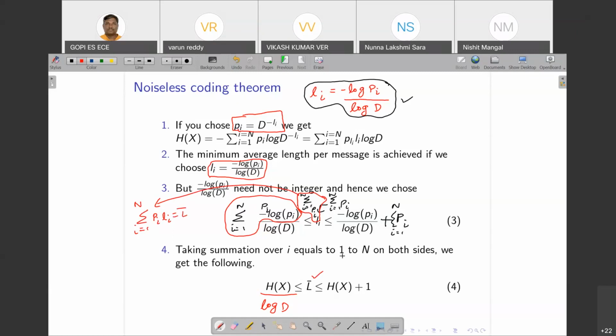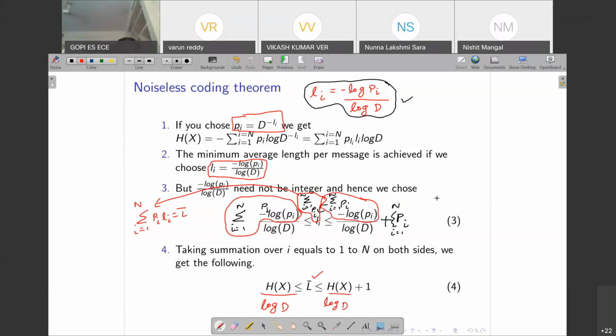So that is given here, L bar. And coming to this expression, H of X divided by log D, which is missing here, and the sum of all the probabilities is 1, that is the reason you are getting this one here.